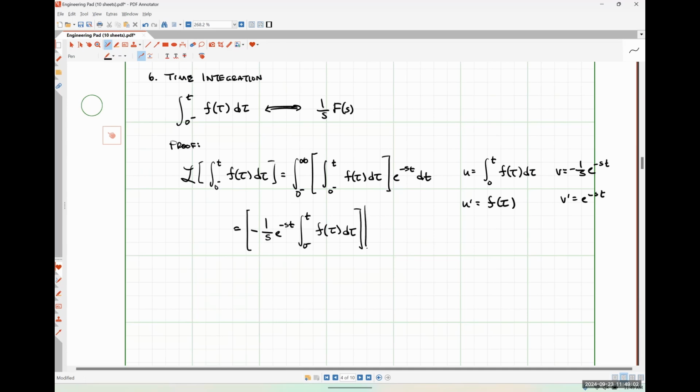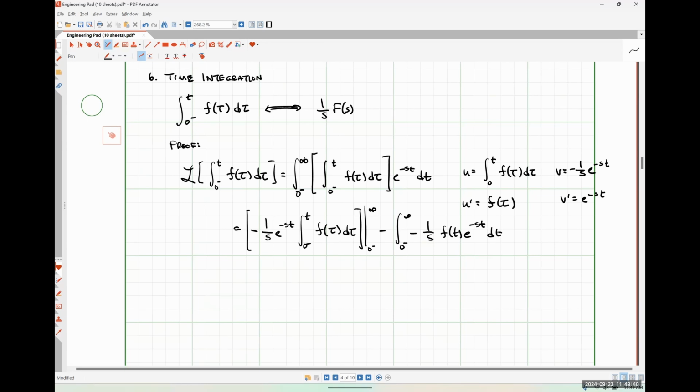Close that, evaluate this at 0 minus and infinity, minus the integral from 0 minus to infinity of v du. So that's going to be negative 1 over s f of t e to the negative st dt, like so.